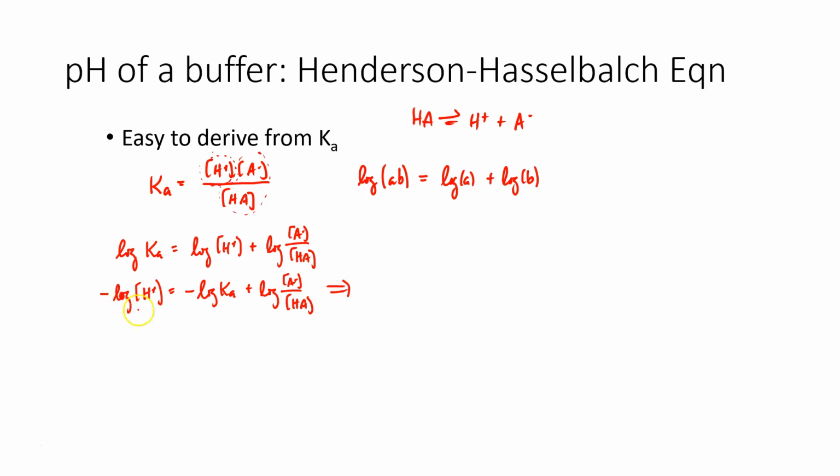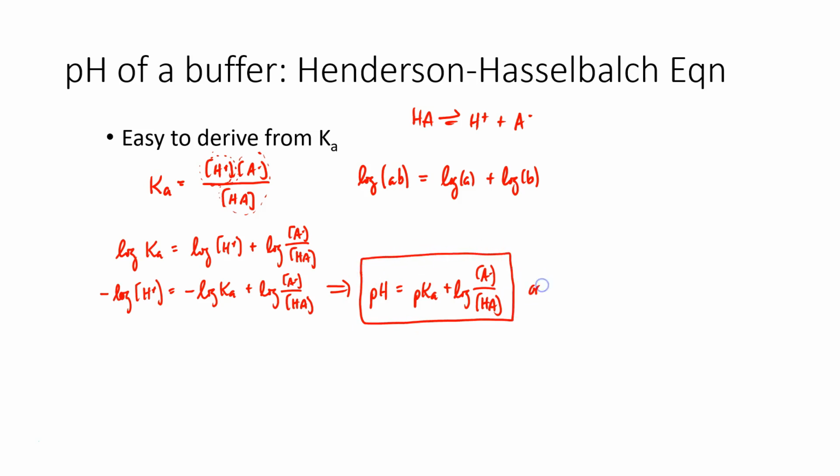And couldn't I rewrite the negative log of H plus as pH? And couldn't I rewrite the negative log of Ka as pKa? So pH equals pKa plus the log of A minus over HA. This is the Henderson-Hasselbalch equation.